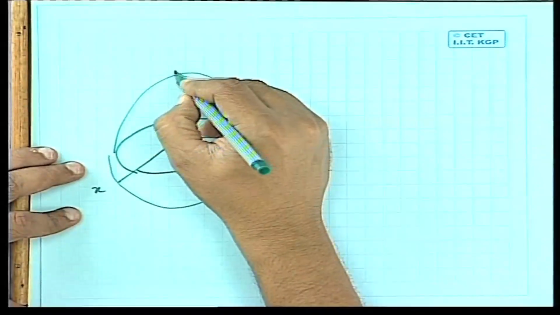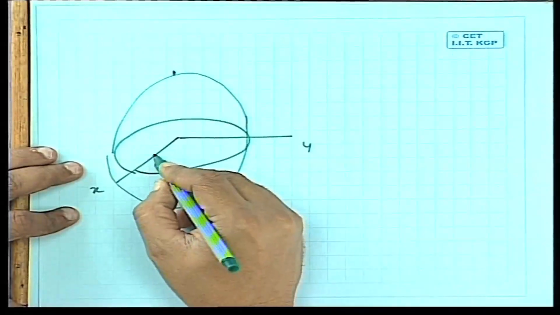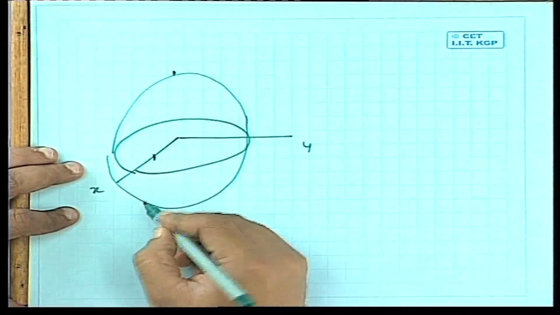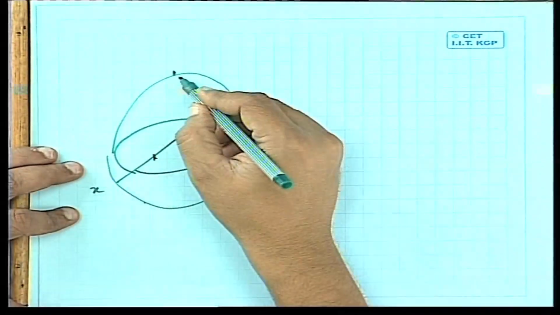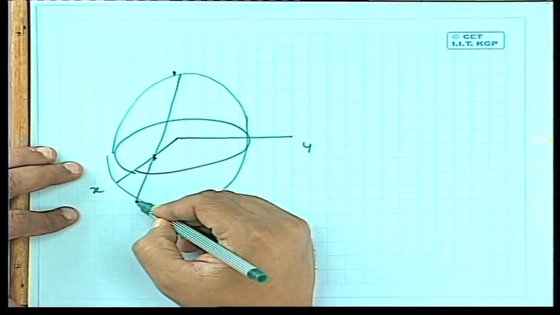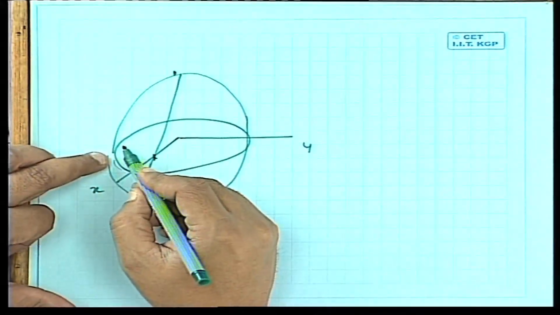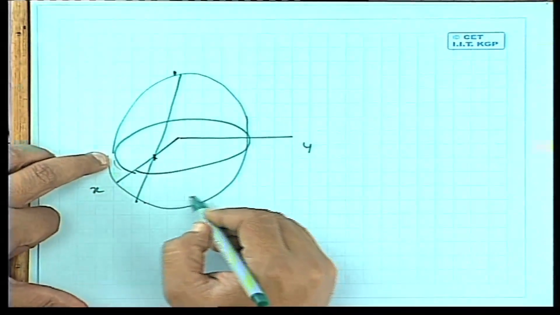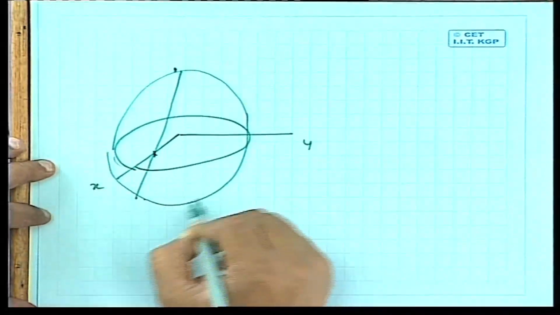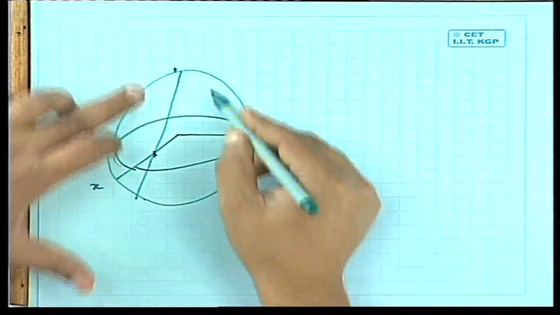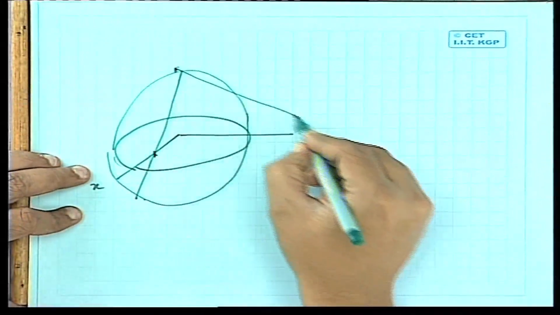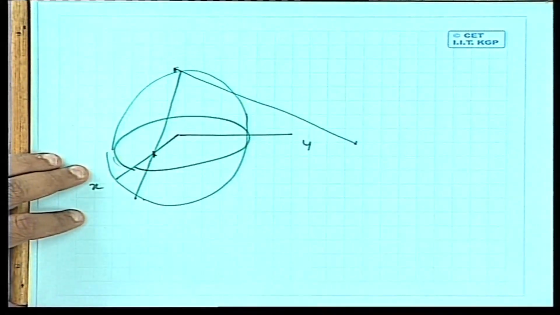If I take a line starting from here, to find the point on the sphere corresponding to this point, I have to draw a line like this. Everything which lies inside the unit circle will have the corresponding points on the sphere in the southern hemisphere, and all the points in the northern hemisphere are points which lie beyond the unit circle.